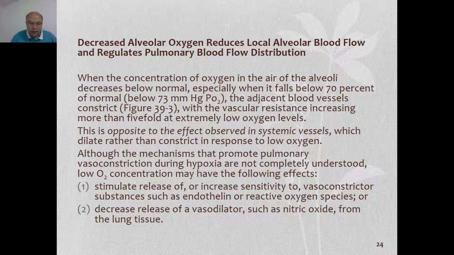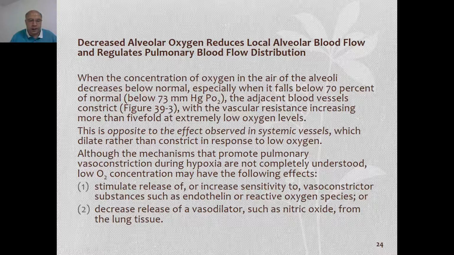On the other hand, here in the lungs, when oxygen level goes down in the alveoli, it causes vasoconstriction in the blood vessels coming to that alveoli, so preventing arteriovenous shunt. So it prevents the venous blood from going to the left side of the heart without oxygenation.